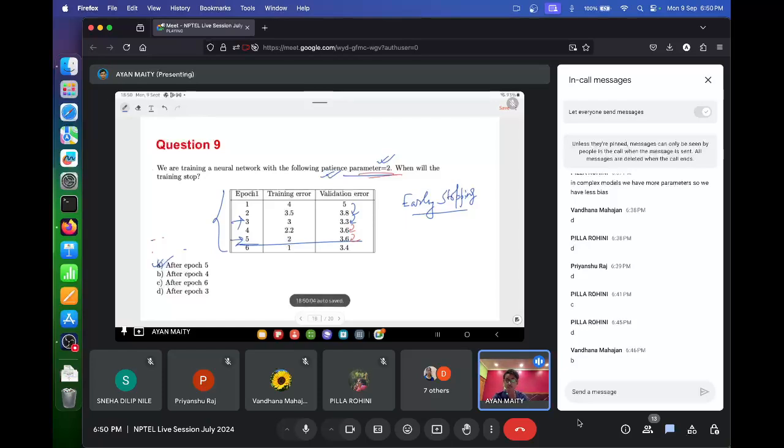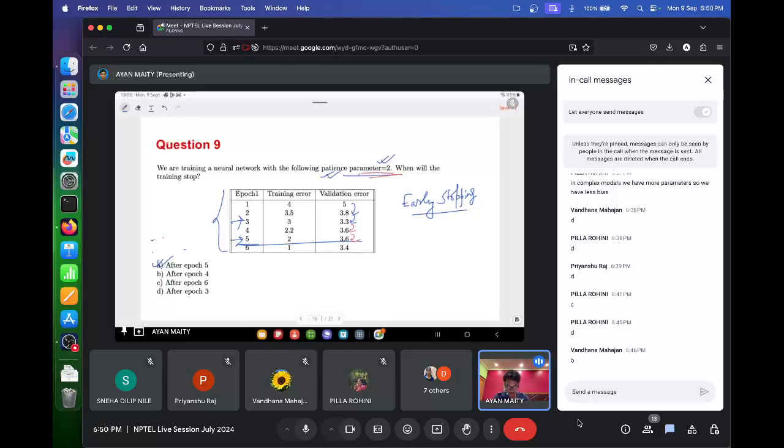So after the 5th epoch it would stop, not after the 3rd epoch. If for 2 consecutive epochs the validation error doesn't decrease, then only it will stop. So the training will continue till the 5th epoch, and after the 5th epoch the training will stop.